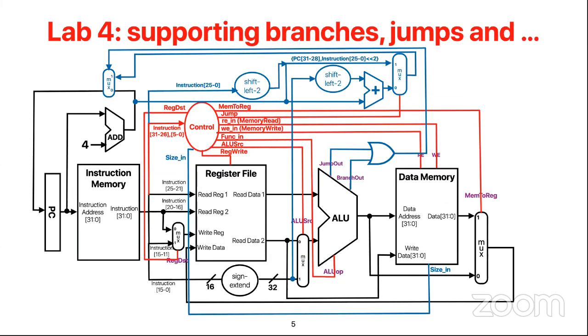What we really need here is that the jump right now has to connect to a mux, and this mux gets two inputs. One is the branch target. The branch target is calculated as the sign extended value of your branch instruction shifted left by 2. Why are we shifting it left by 2?